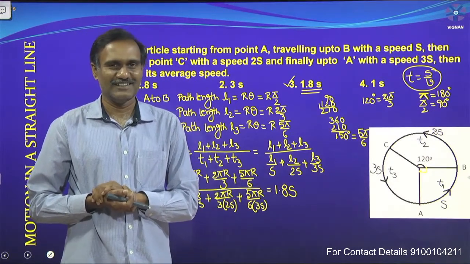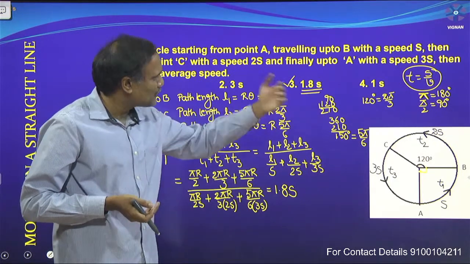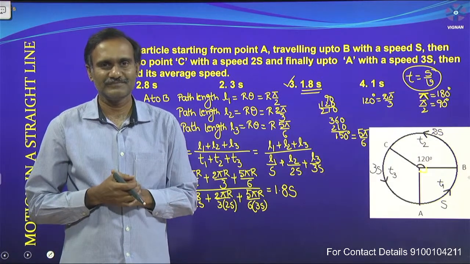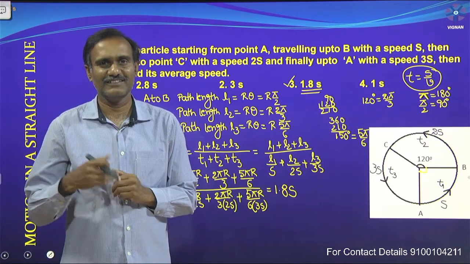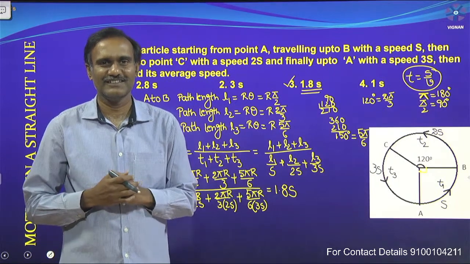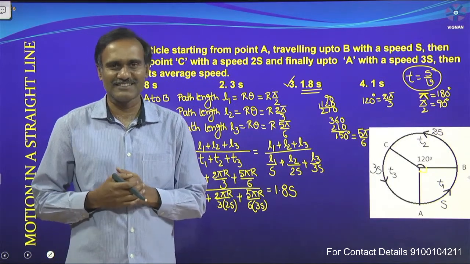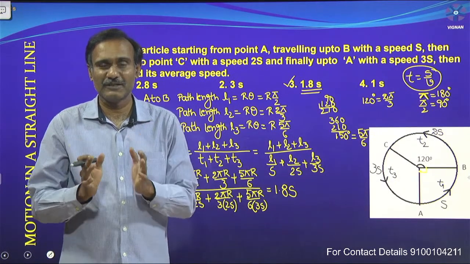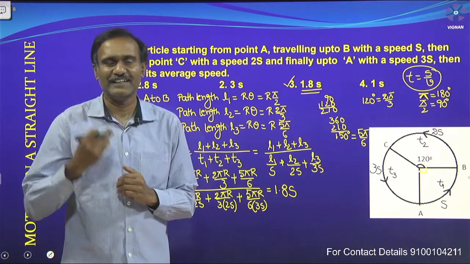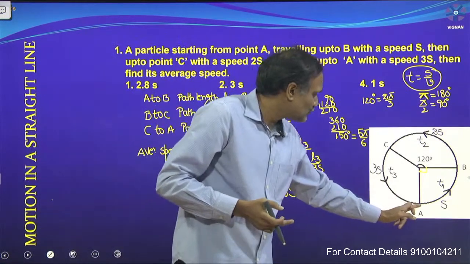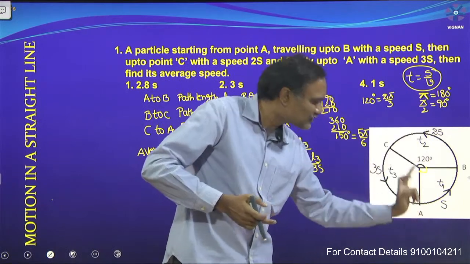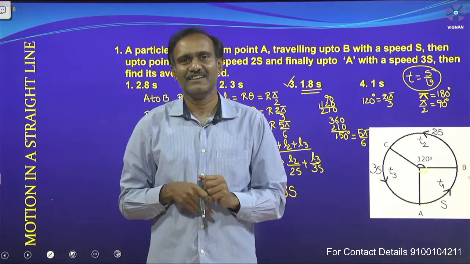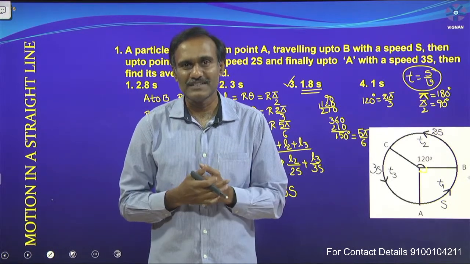Remember that formula. And now in this situation, tell me the average velocity. What is the formula for average velocity? Total displacement covered by the particle divided by time taken. Here the particle moves from point A and finally it reaches that point A. Therefore, for that complete journey, velocity is equal to 0.